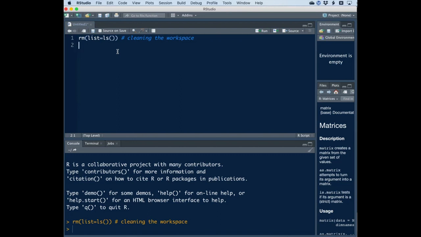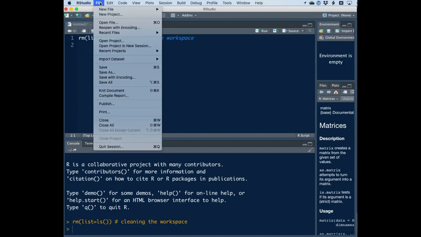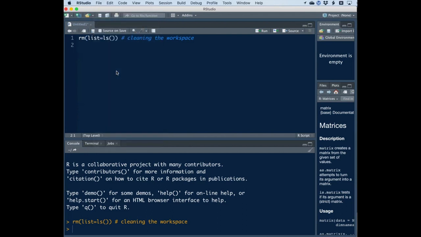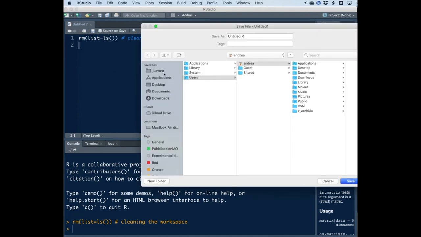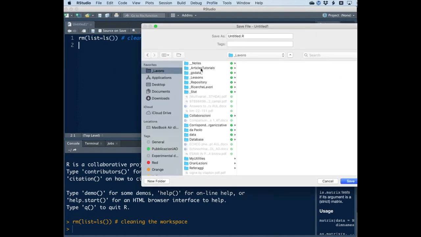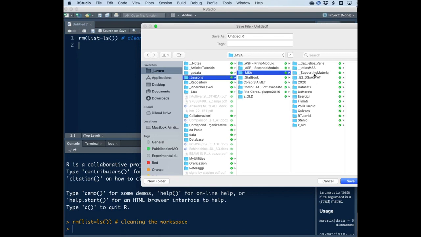Second step, we save the script. I'll save it in a folder of my choice. Do whatever you please. I mean, put it somewhere where you can find it. I'll put it here.